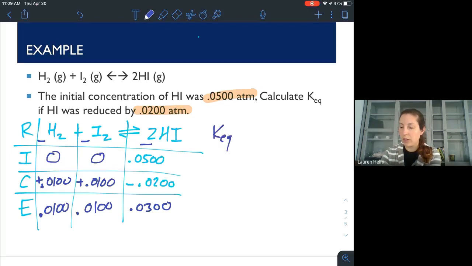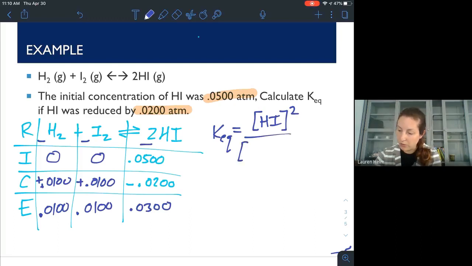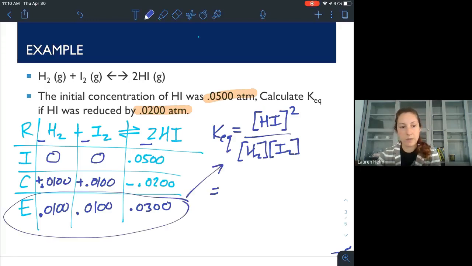Once we know our equilibrium line, we can set up our equilibrium expression, which is the concentration or the pressure of the products over the concentration or the pressure of the reactants raised to their coefficients. I plug in my equilibrium values.